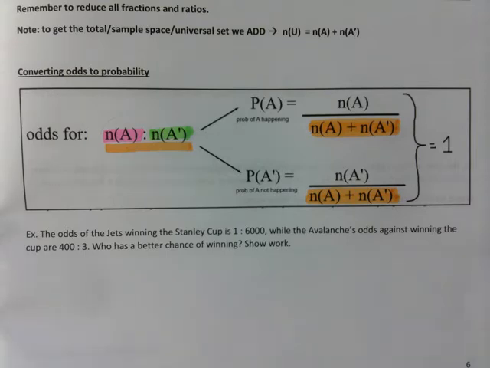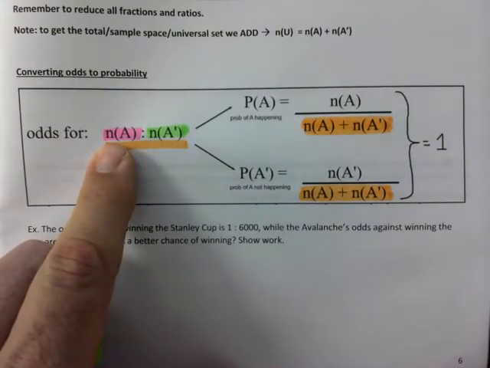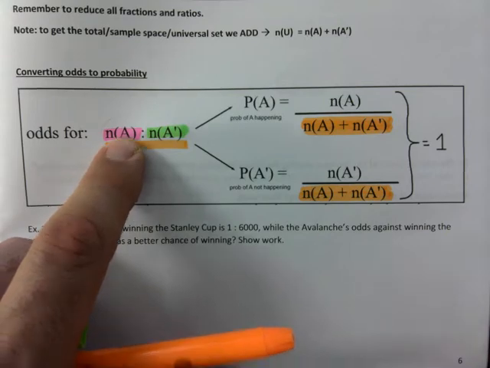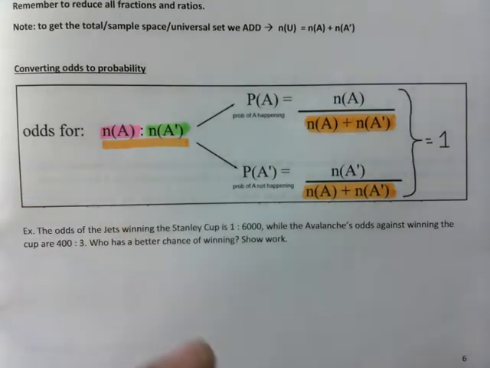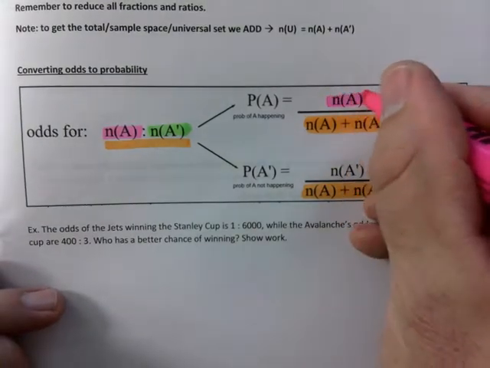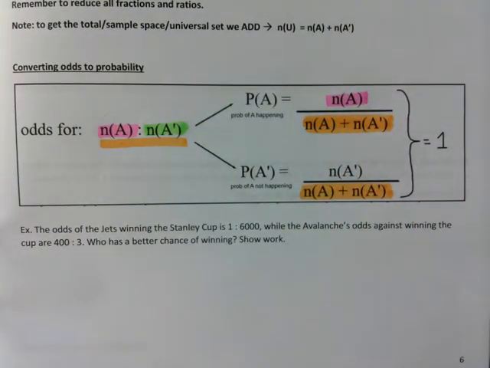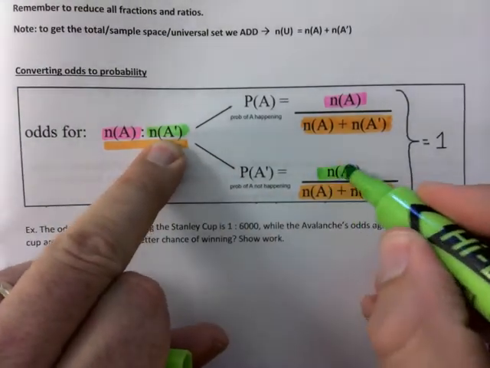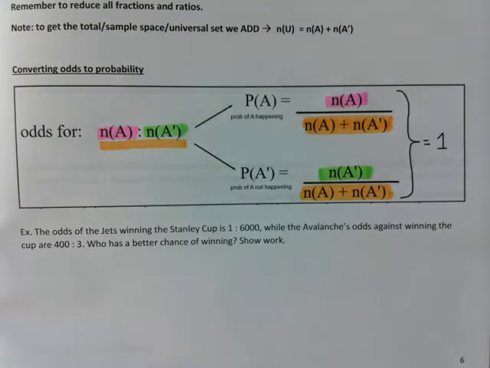And then you have to very carefully understand which one is which. If it's saying odds for something happening, and obviously the first number is it happening, then you would state it like this, right? If it's the probability of it not happening, you need to grab that second number and plug it here.